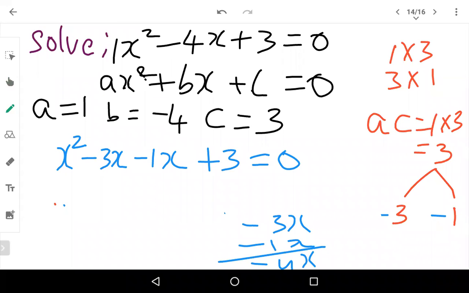So you are supposed to multiply a into c, check the sign, and then do the factorization. 3 into 1, and then minus 3 minus 1, add or subtract should give you the value here.